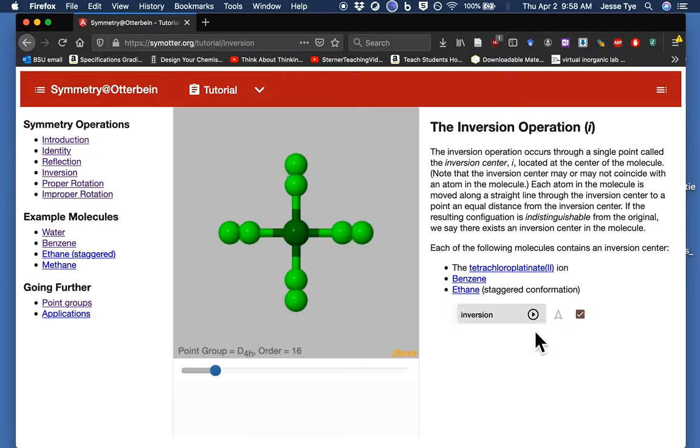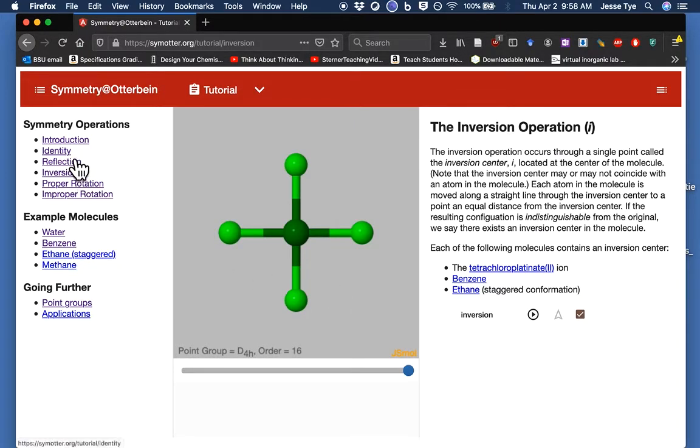And when I hit inversion, okay, it's kind of crazy looking. Everything gets sucked into the middle and explodes back out. So this chlorine, which is on top, comes down here and becomes the bottom one. The one that's on the right becomes the left one. So they all swap positions. What was up becomes down, what was down becomes up, what was right becomes left, and what was left becomes right. They all swap around.